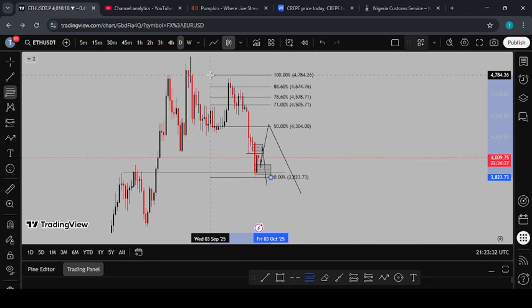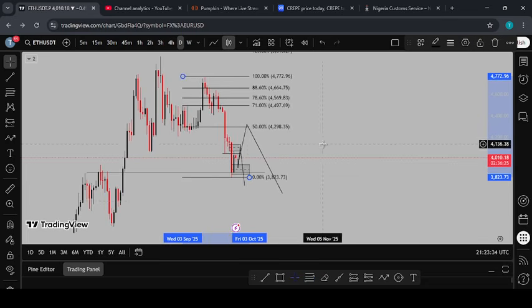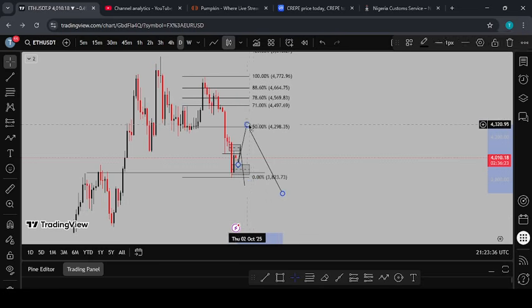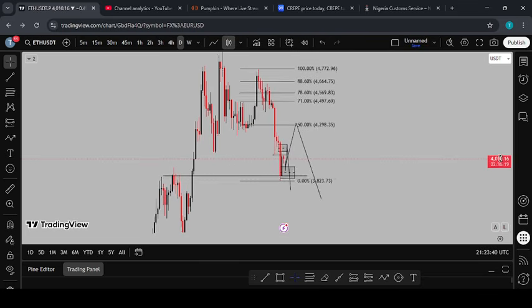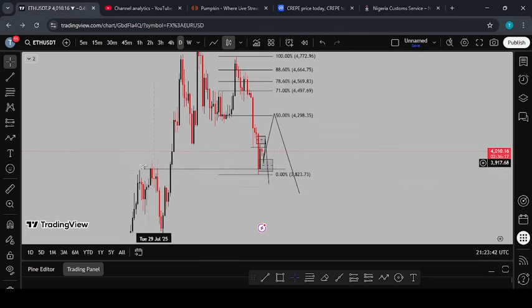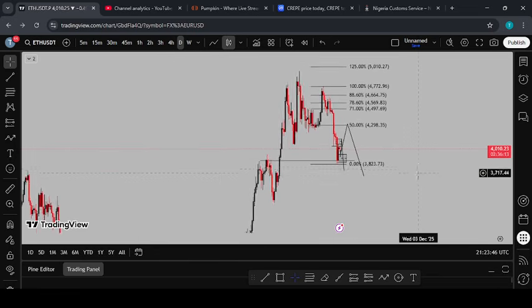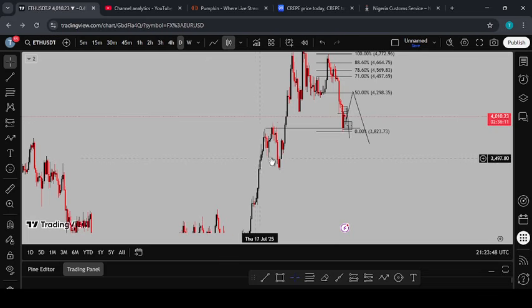So let's observe. You guys should study your chart and observe what can play out, because the market just bounced off a good breaker block right here, and this closed to the downside.